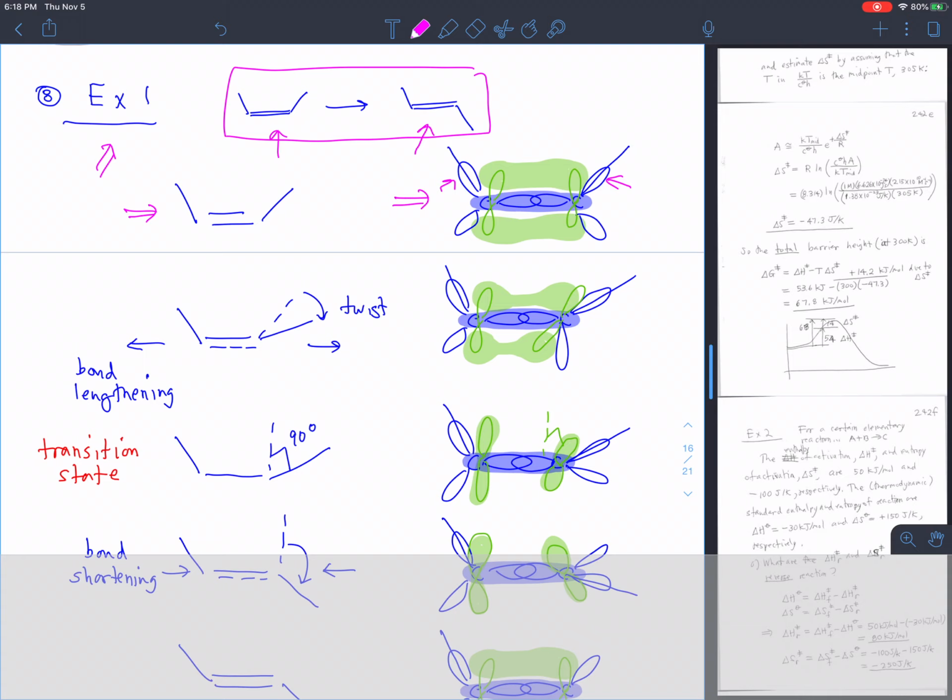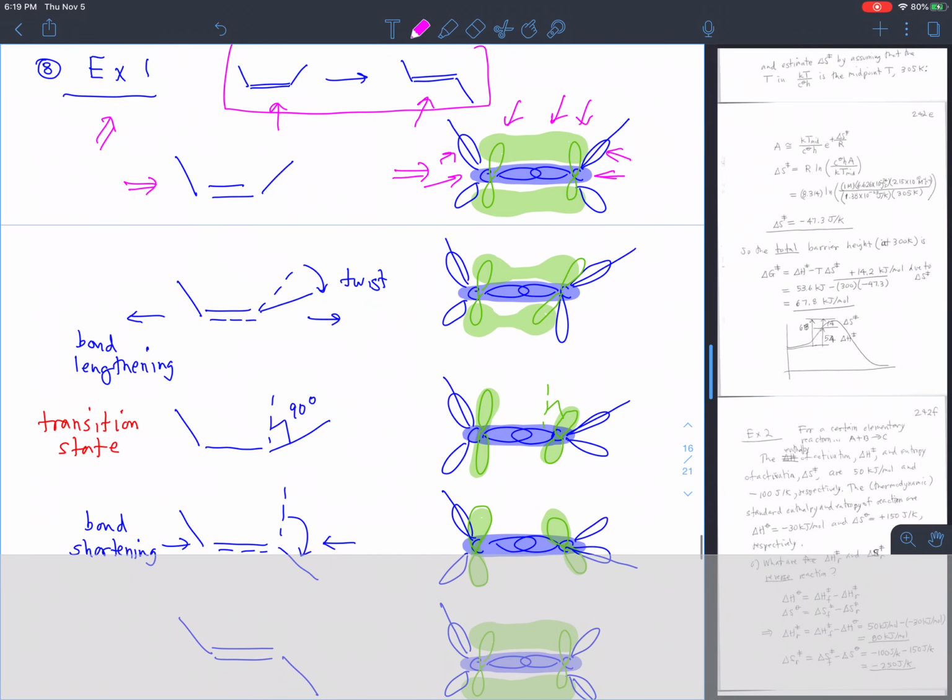You've got a single sigma bond in the middle that results from the overlap of two parts of the sp2 hybrid orbitals. And then there's a leftover p orbital that's sticking up out of the plane, and that's forming the second bond, right? This is one bond down here, this is the second bond down here. And as long as everything's in the plane, so all these atoms are in the plane, then both of those bonds are full and complete.